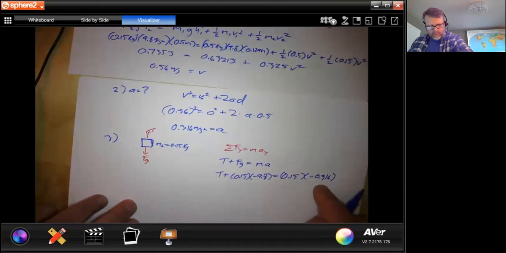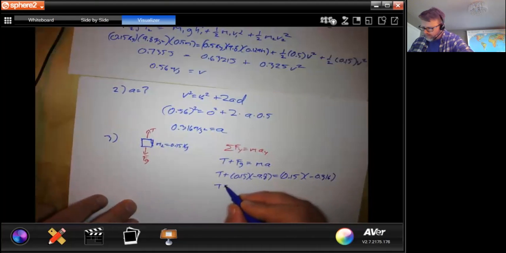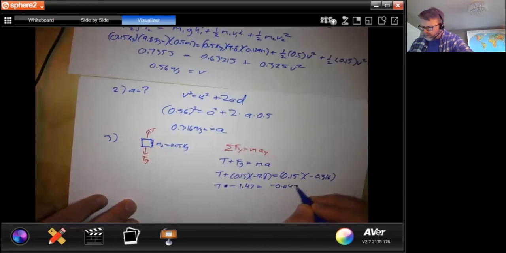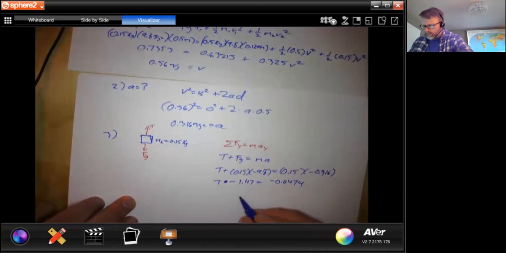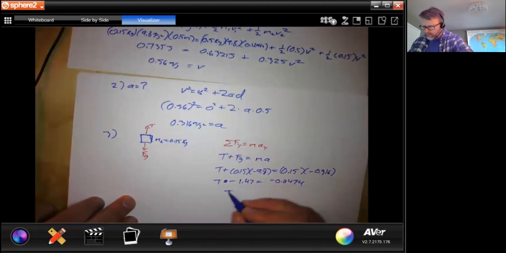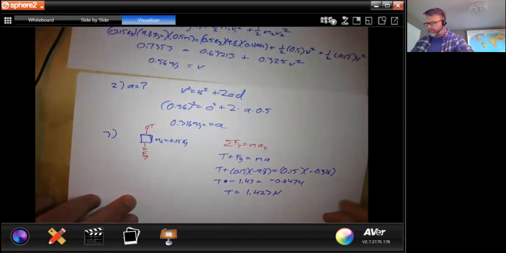Okay, so we multiply those out and we get T minus 1.47 equals negative 0.0474. Okay, so that means T equals positive 1.423 newtons. Okay, so that's how we can solve it this way.